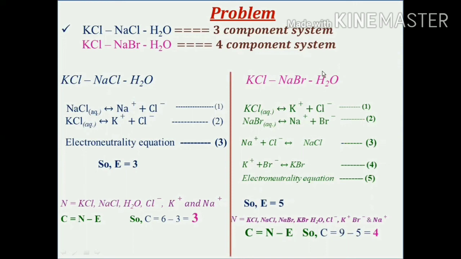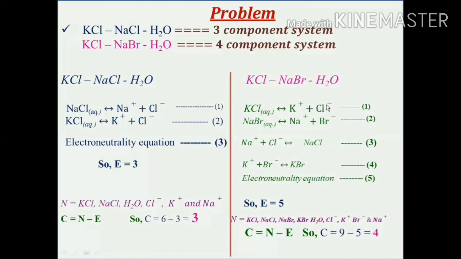So the combination of K+ and Br- giving KBr is definitely another equation which can describe a part of my system. So besides these two chemical equations, the combination of K+ and Br- giving us KBr also becomes another chemical equation.